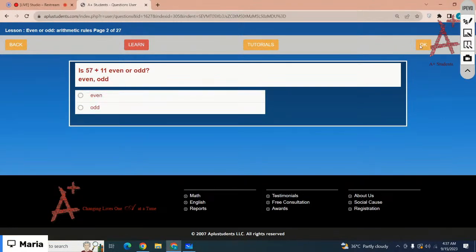Okay, is 57 plus 11 even or odd? Both the numbers are odd, so their sum must be even, right?